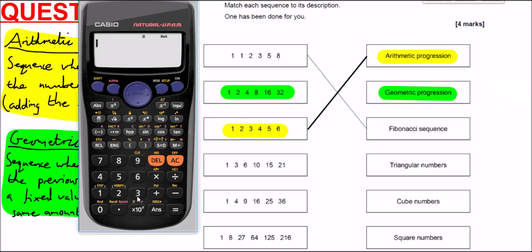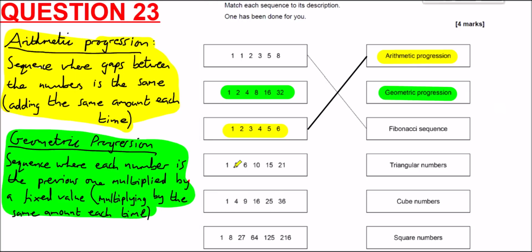The third square number, 3 squared, which is 9, and so on. But really, you should know the square numbers off by heart up to 15 ideally. So the square numbers is this one here, 1, 4, 9, 16, 25, 36. Those are the square numbers. So we join these up.